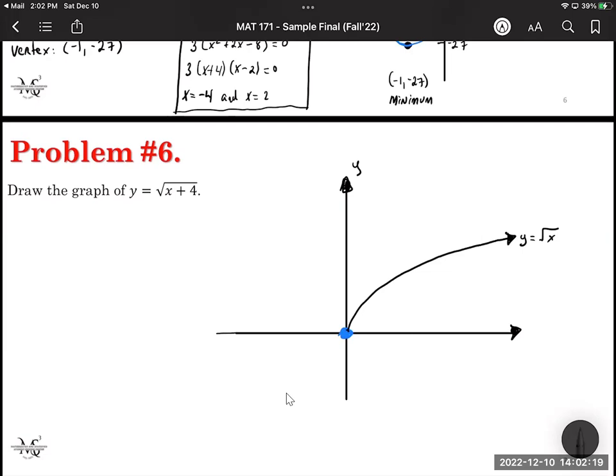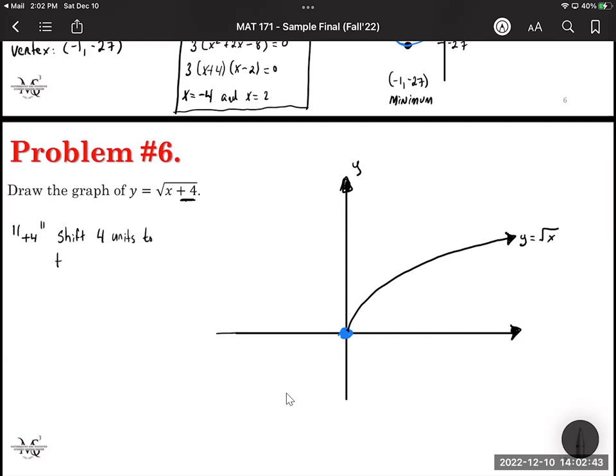Now I just need to use transformation to sketch this graph. Look at the plus 4 here. Is the plus 4 inside or outside of the radical? Inside. So the plus 4 would mean that we have to shift 4 units in which direction?